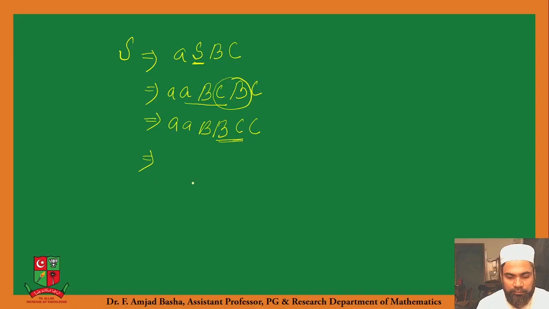Similarly, AA B small b capital B CC. In this case, which production is being used? Capital B small b capital B. AB is replaced by AB.